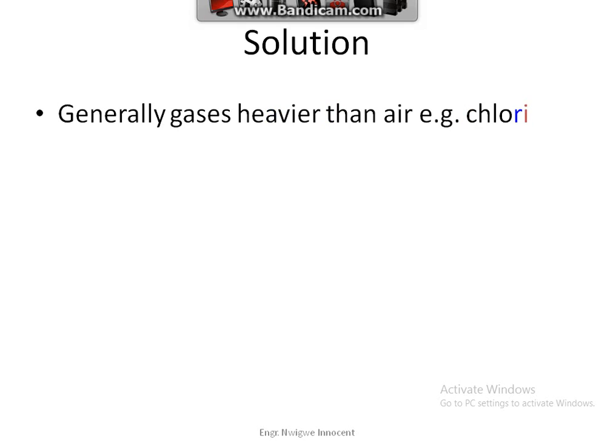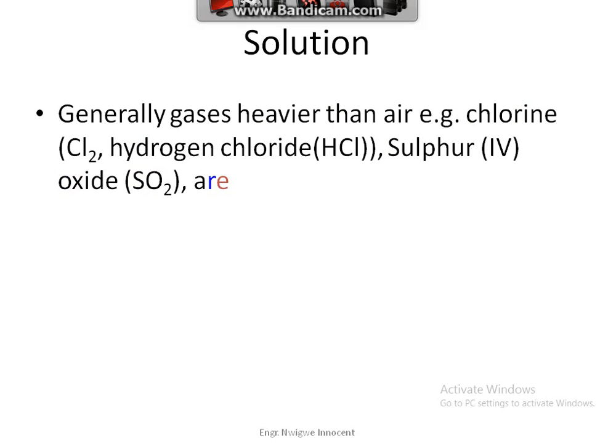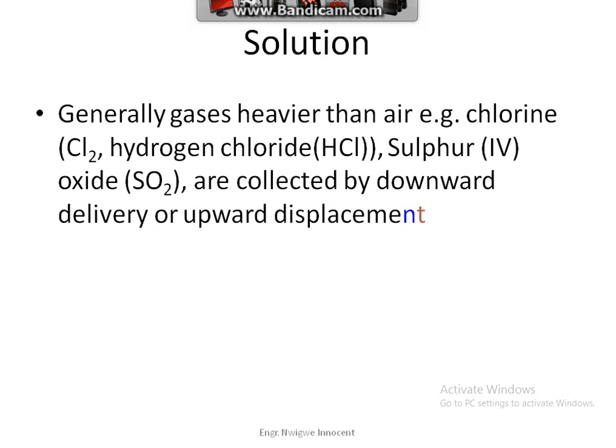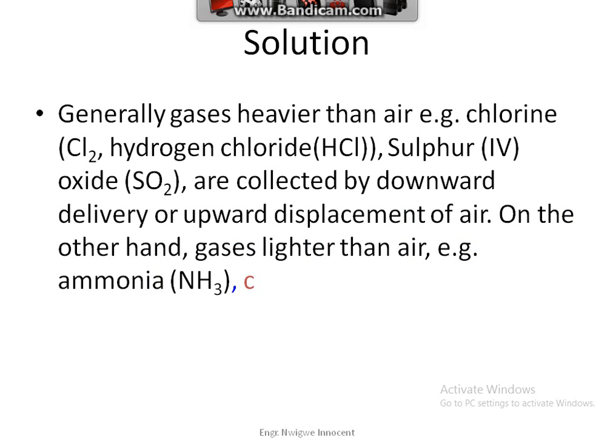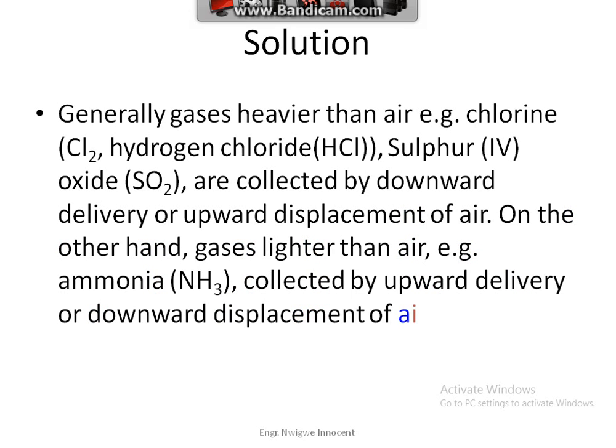Generally, gases heavier than air, for example chlorine Cl2, hydrochloric acid HCl, and sulfur 4 oxide SO2, are collected by downward delivery or upward displacement of air. On the other hand, gases lighter than air, for example ammonia NH3, are collected by upward delivery or downward displacement of air. Therefore, the answer is D.